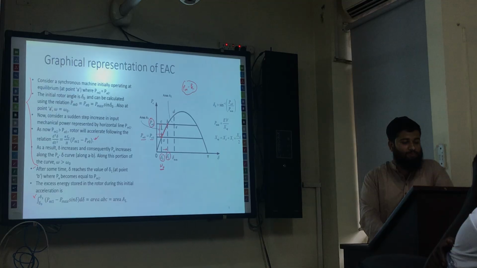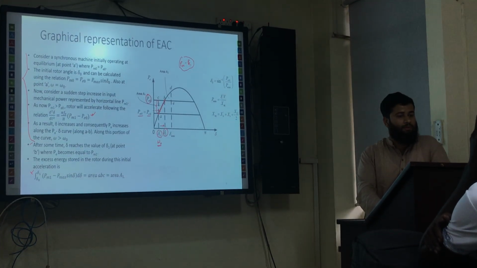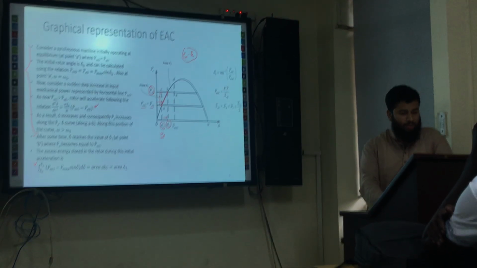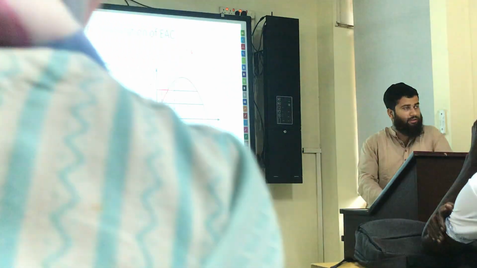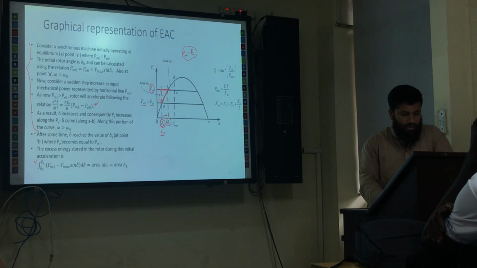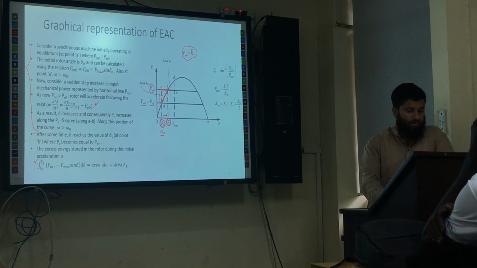So which PM value should we take? Obviously this PM now. We want to take the difference between this and this, between point A and B, that is between delta naught and delta 1. That's why PM1 minus P.